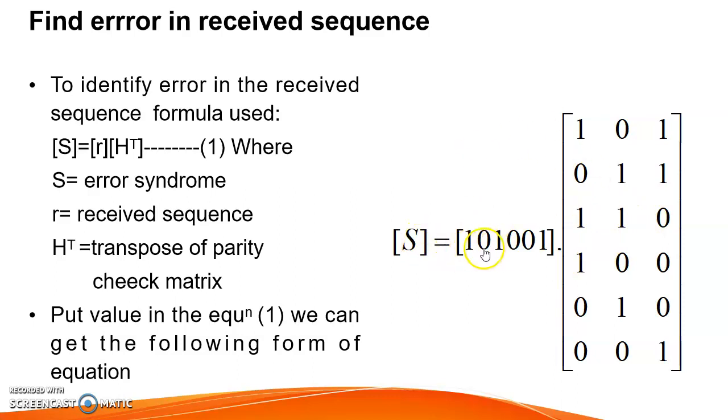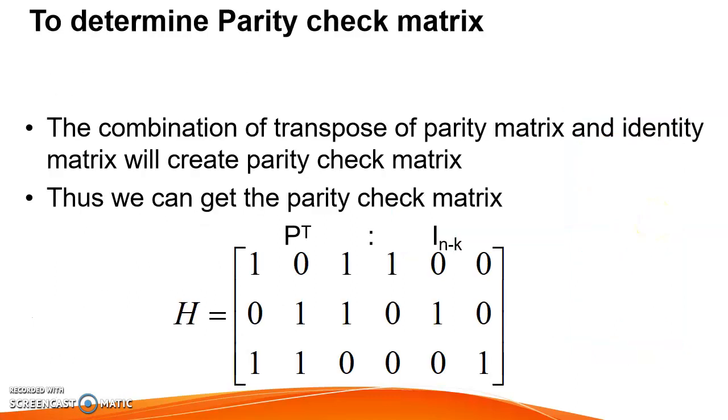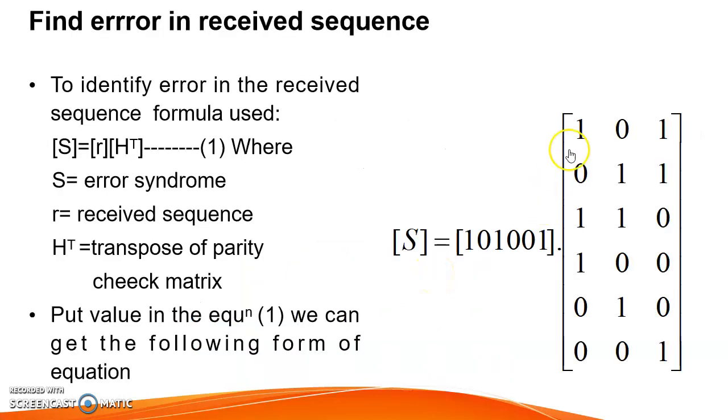So S equals, here, the received sequence, suppose the received sequence is 101001, as given in your question. The transpose of the parity check matrix is here. You can see that these row elements, 101100, are converted here into column elements. Then we have to do matrix multiplication.